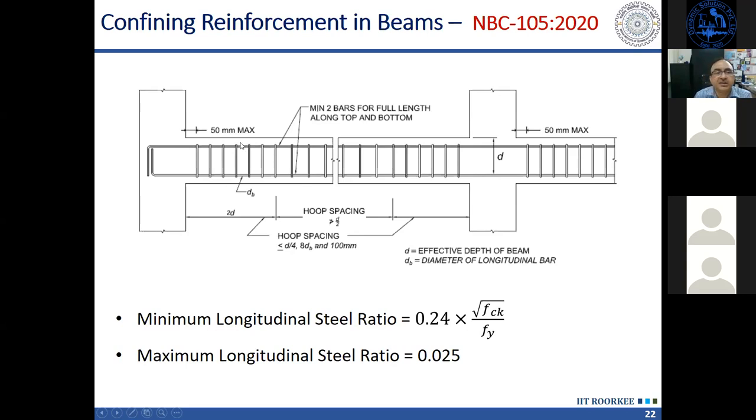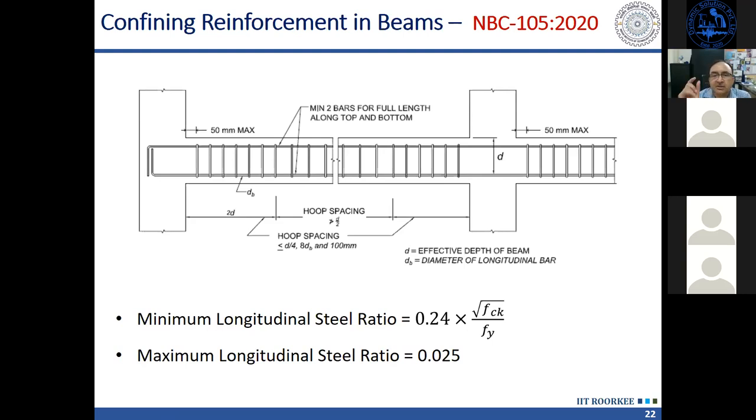And when it is acting as compression reinforcement, and it is much more than the reinforcement on the other face, which is acting as tension reinforcement, the depth of the neutral axis will be very shallow. The neutral axis will be at very shallow depth, very close to the top reinforcement.